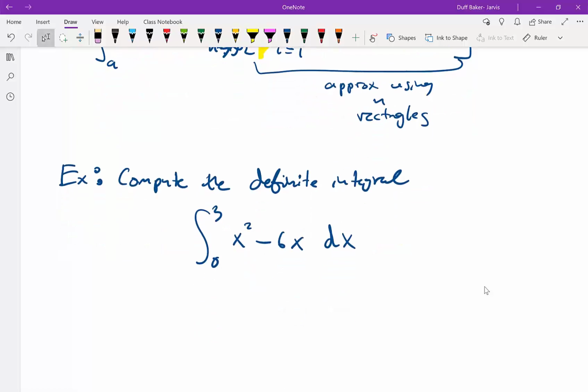So for us here, delta x will be the length of our interval. And remember, the interval always goes from the bottom number to the top number. So it'll be 3 minus 0 over n, and here we just write it for generic n. So delta x is 3 over n.